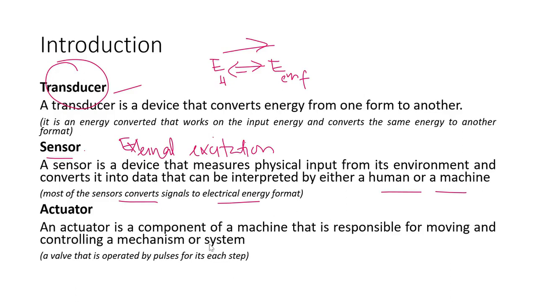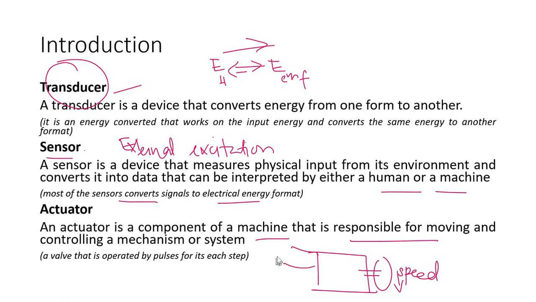So an actuator is a component of a machine that is responsible for moving and controlling a mechanism or a system. Sometimes when we use a generator, the speed of that generator is measured, and if the speed reduces from a certain level, this is sensed in the form of the output voltage going down from 230 volts.